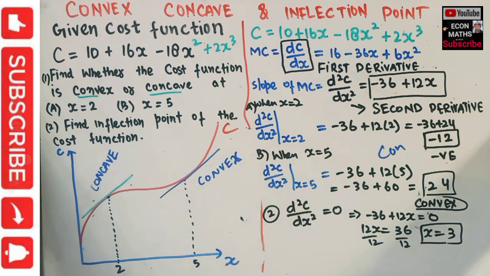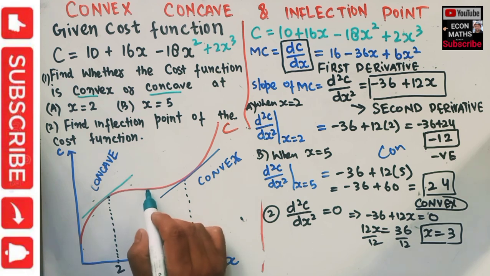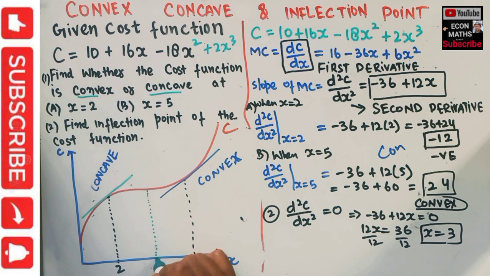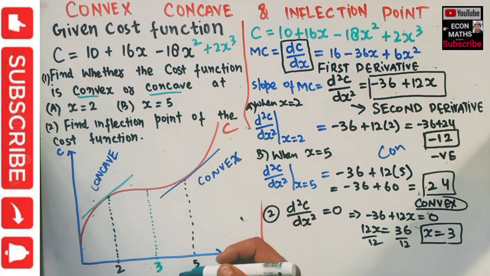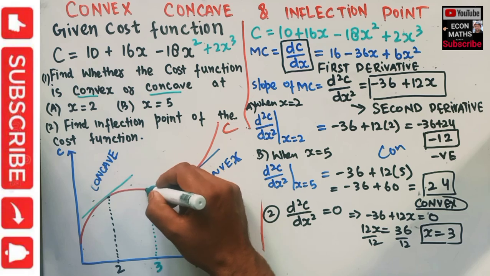The point where the function changes from concave to convex, or vice versa, is the point x equal to 3. So when x is equal to 3, the function changes its concavity. So this is our inflection point.